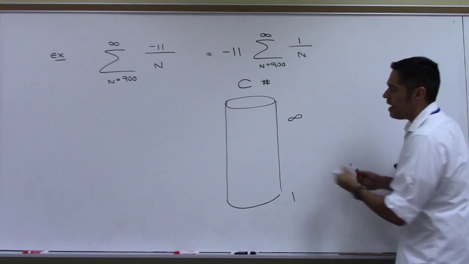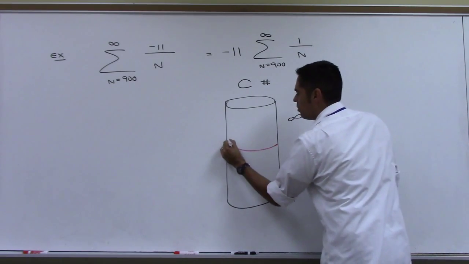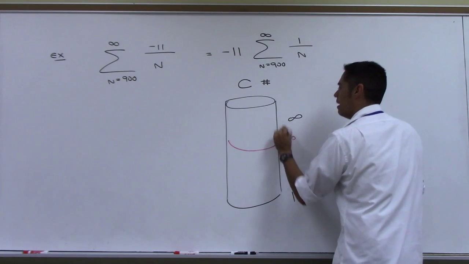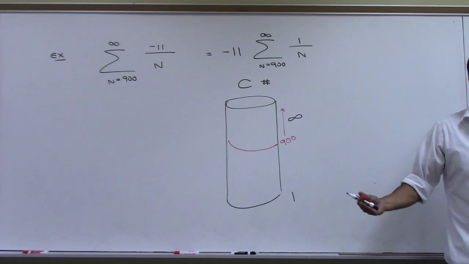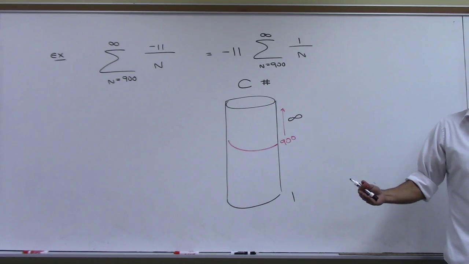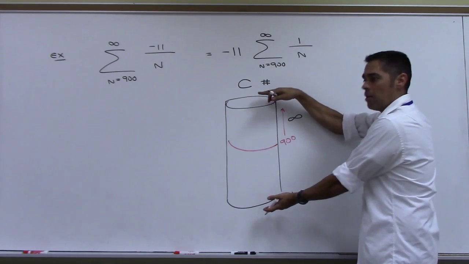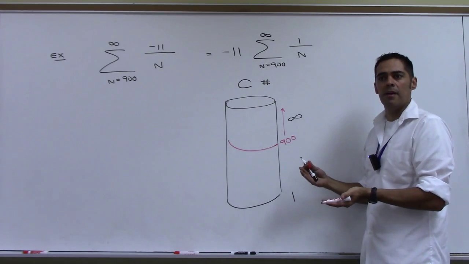Then if I ask you to just look at 900 and up, that has to be a number also, right? It still has to converge. If the whole thing is a number, then just part of it should also be a number, yeah?